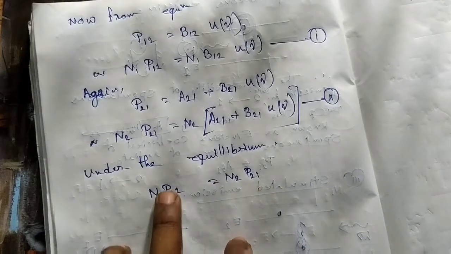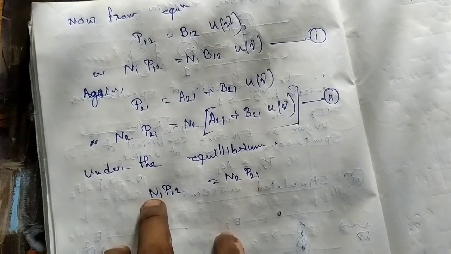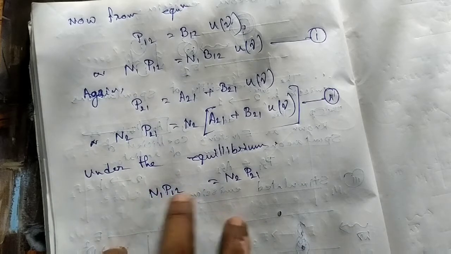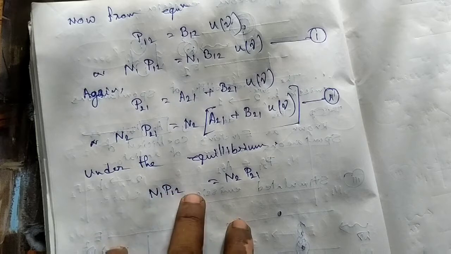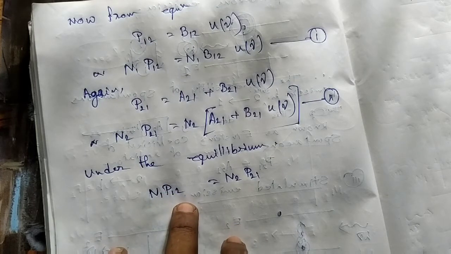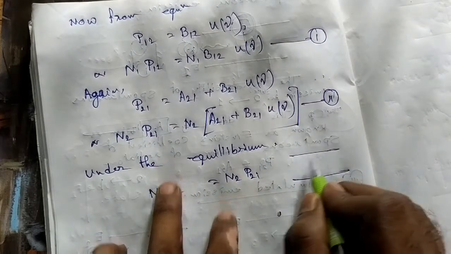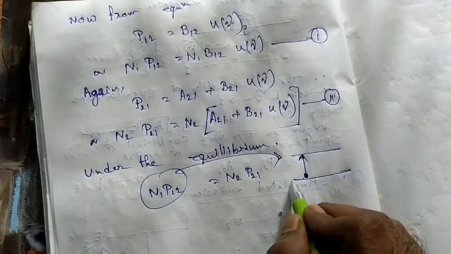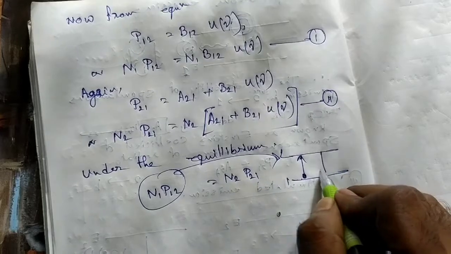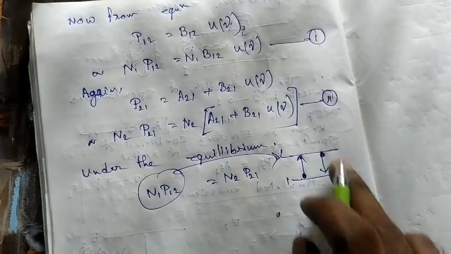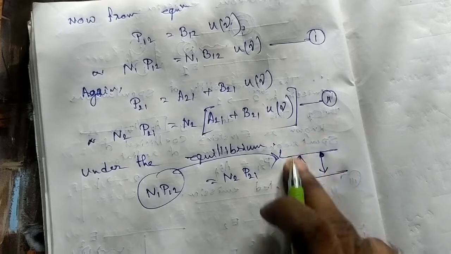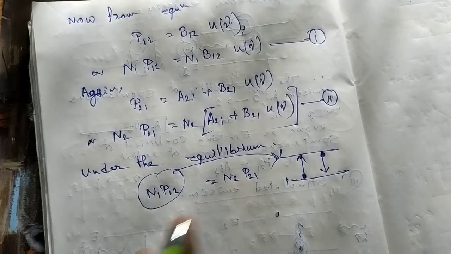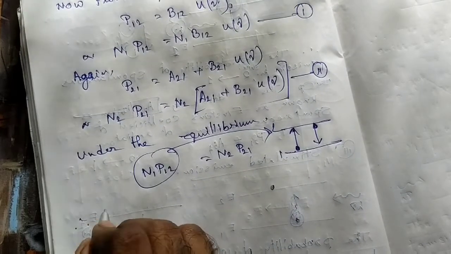The probability for the total number of atoms in the first energy state is defined by how many atoms are going from energy state 1 to energy state 2, and this is signified by how many atoms are coming from energy state 2 to energy state 1. So under this equilibrium the total mathematical values are equal.